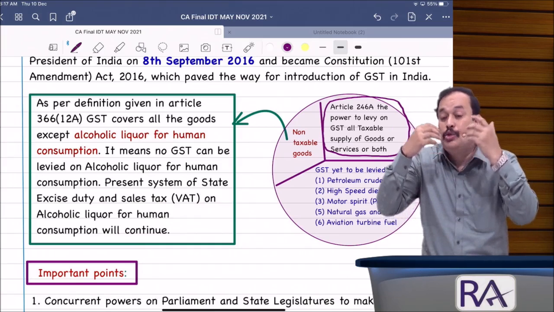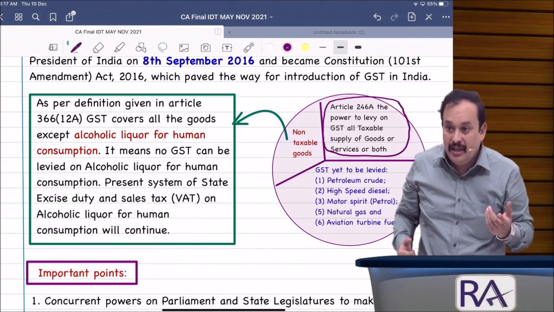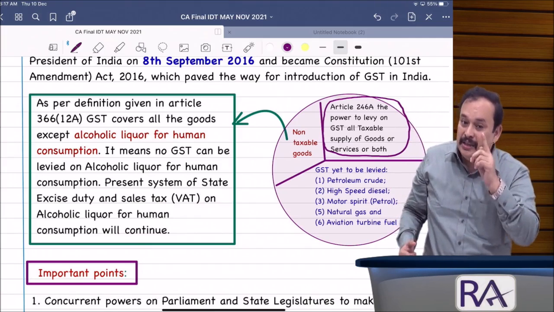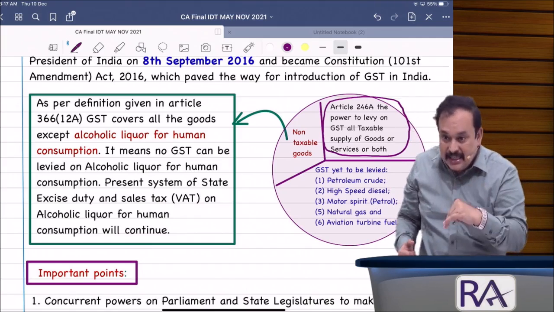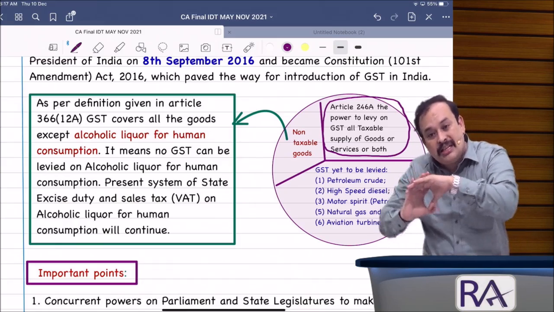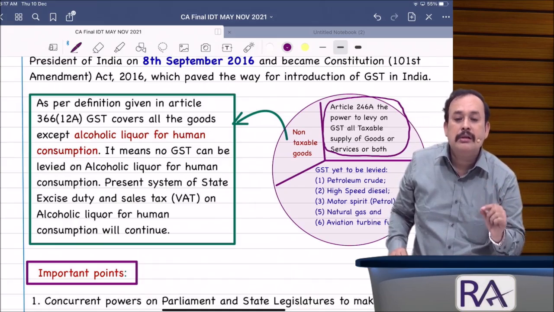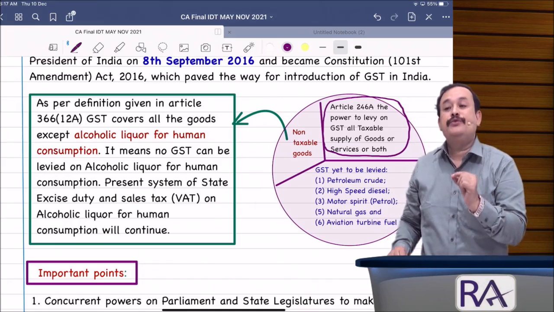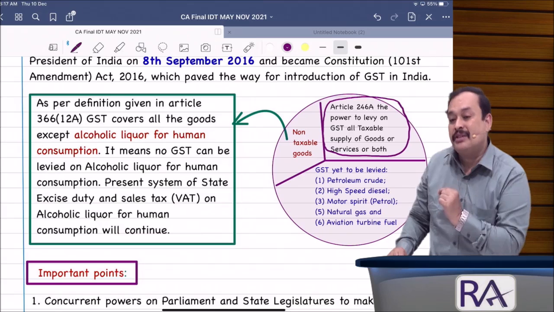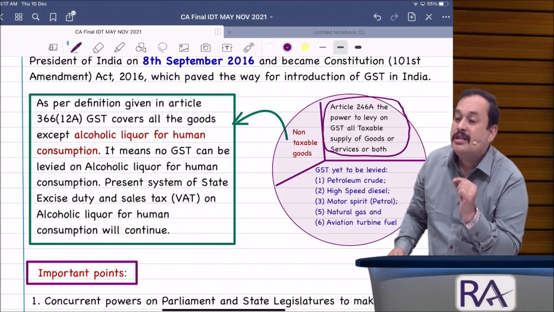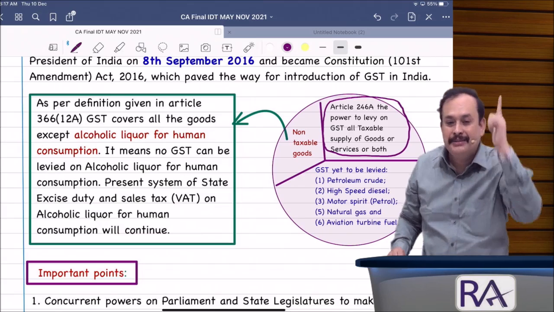While enacting Article 246A, the Government of India very clearly kept outside the purview of the GST alcoholic liquor meant for human consumption. In short, intoxicating.